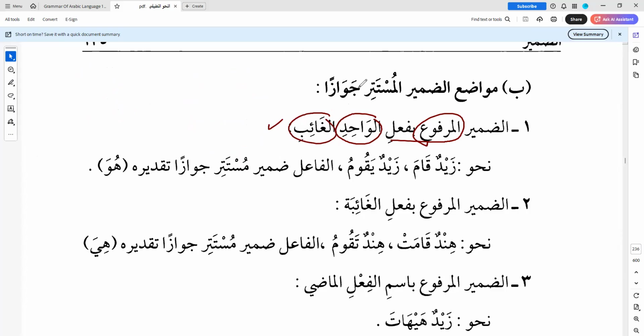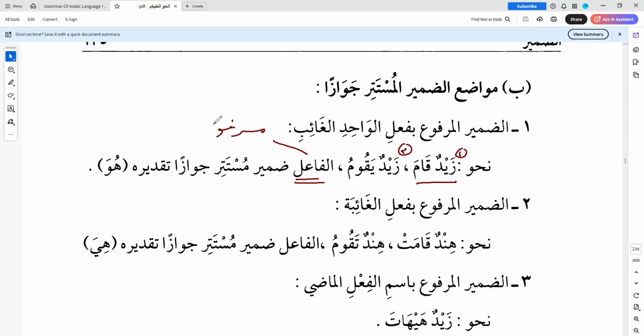That's the first instance. For instance, نحو زيد قام or زيد يقوم. So we're looking at the fa'il, and the fa'il is always مرفوع, and the damir for fa'il must also be مرفوع.